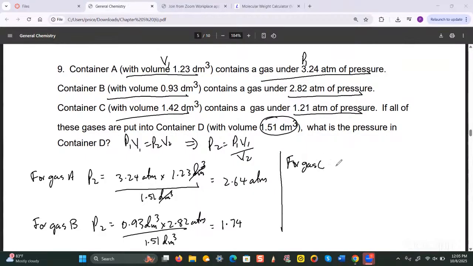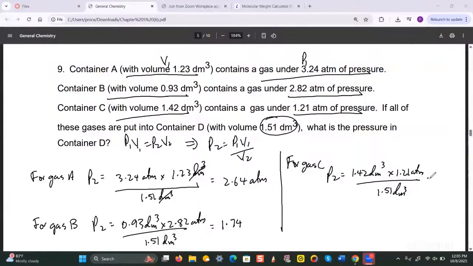Okay, what about gas C? For gas C, what would P2 be equal to? 1.42 decimeters cube times 1.21 atmospheres divided by 1.51 decimeters cube.